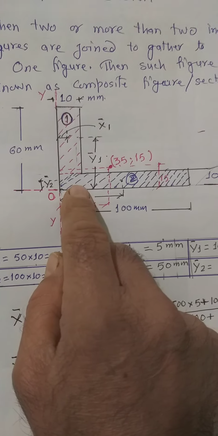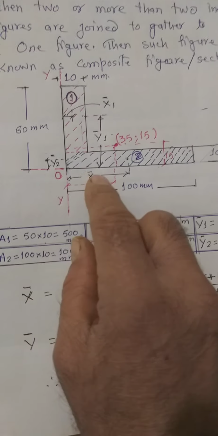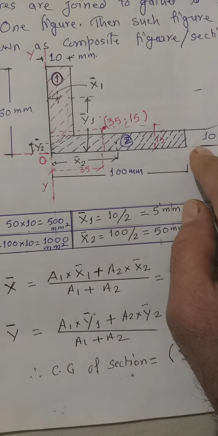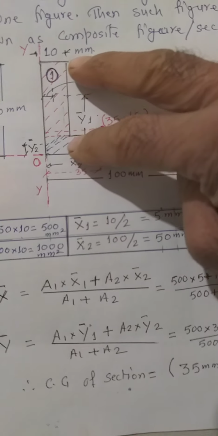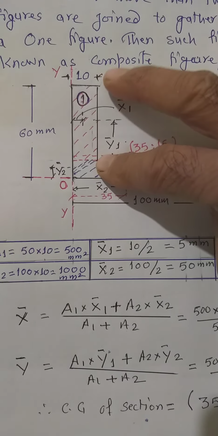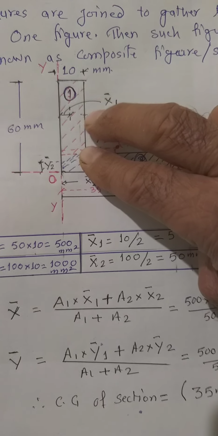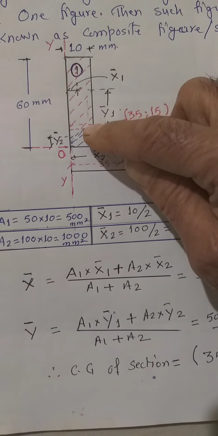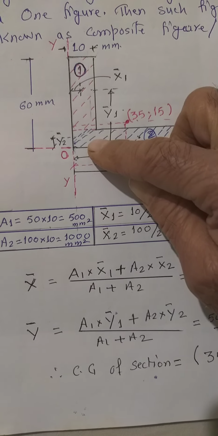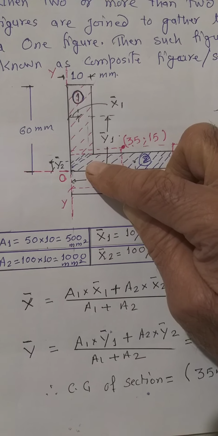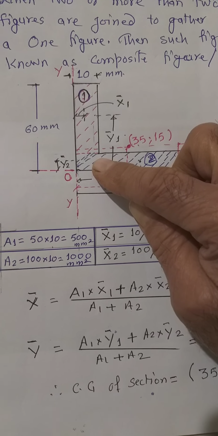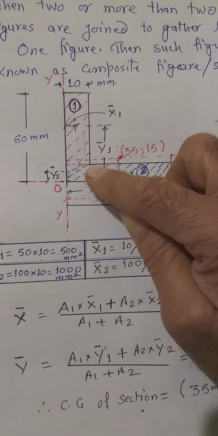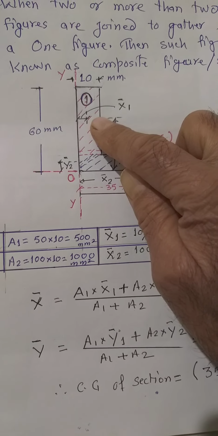So how much will be the value of this y bar 1? Starting from here to here, this distance will be 10 mm. Then this is only 50 mm, and the half of this 50 will be the CG, that is 25. So this is 25 plus 10, that gives the total 35 mm, which is the y bar 1 of section 1 or figure number 1.